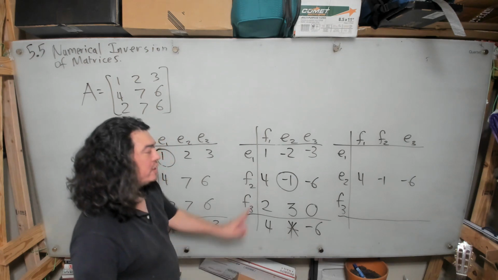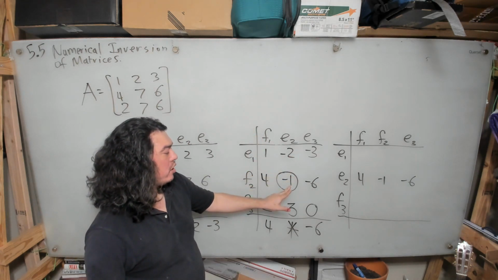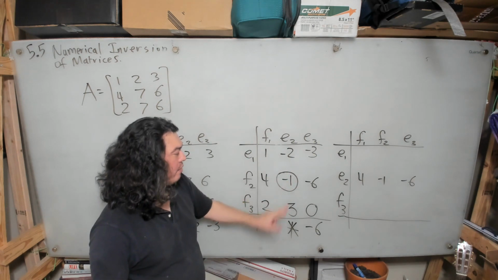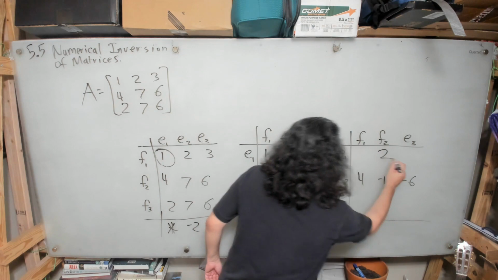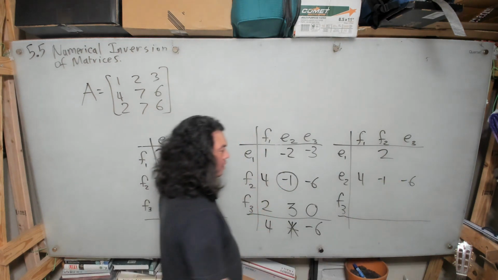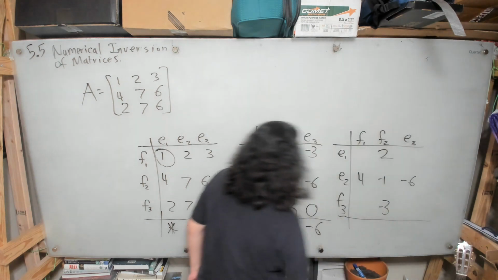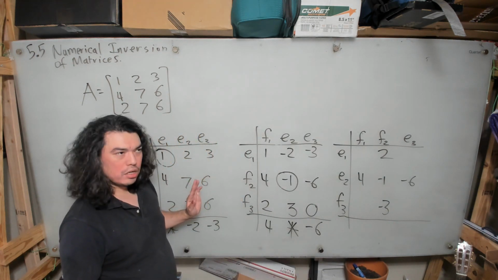And then the rest of the pivotal column is replaced by the elements of the column divided by the pivot element. So -2 divided by -1 is +2. The 3 divided by -1 is -3. Okay?